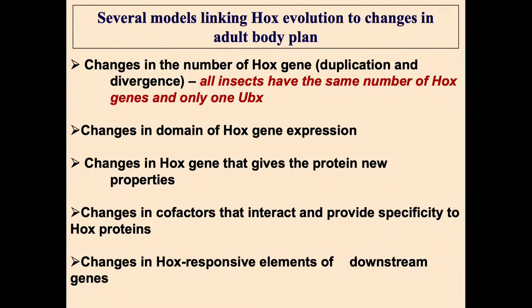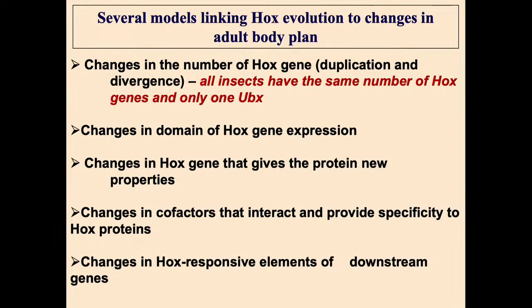So if you look at some of the ways gene expression or gene level evolution would change to morphological evolution, one is of course a change in the number. We know that all insects have only 8 Hox proteins, and as far as third thoracic appendage formation is concerned, it's UBX which is involved, so there is no difference.